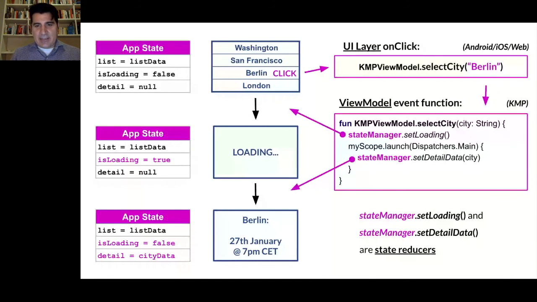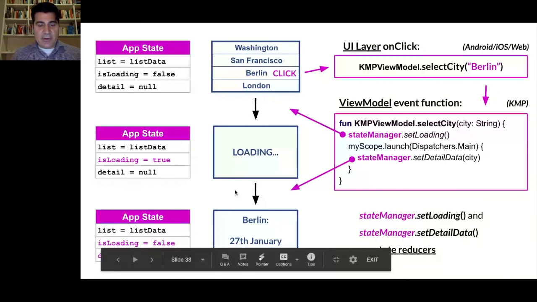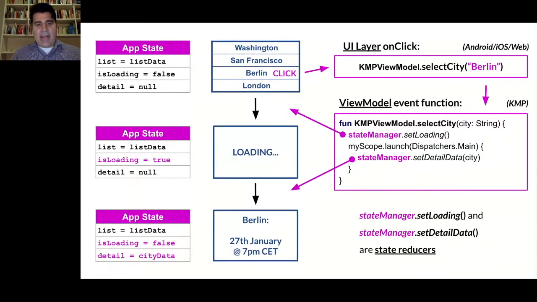One is set loading, which is just changing the isLoading flag from false to true. And the other state reducer is actually getting the data and then applying it, and also reverting the isLoading flag back to false.